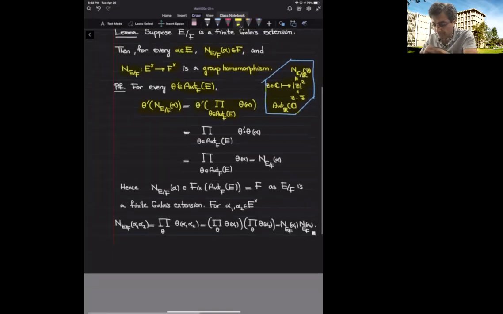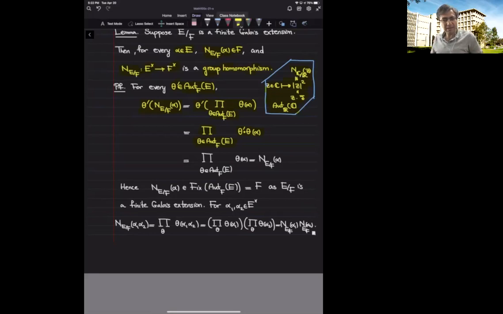So this would be the product of theta prime of theta of alphas as theta ranges over the F-automorphisms of the field E. Theta prime belongs to this group, and theta ranges inside this group. So as I multiply all the elements of a group by another element of the group, by Cayley's theorem essentially, or you can just follow from the properties of groups, we can deduce that theta prime theta also ranges over the elements of this group. So as I multiply elements of a group by another element of the group, I just permute the elements of the group.